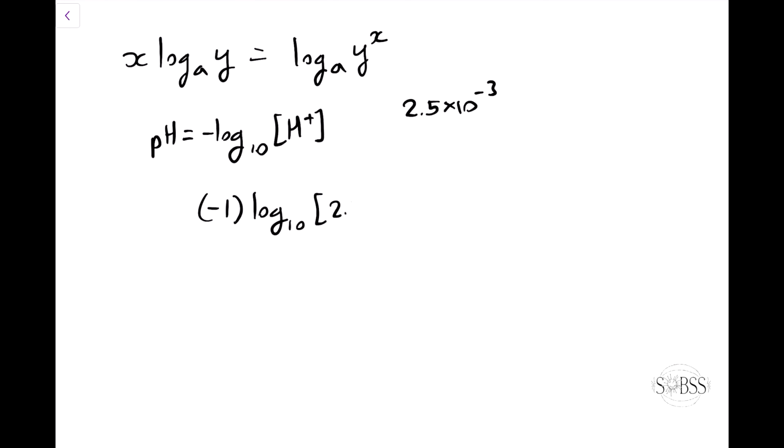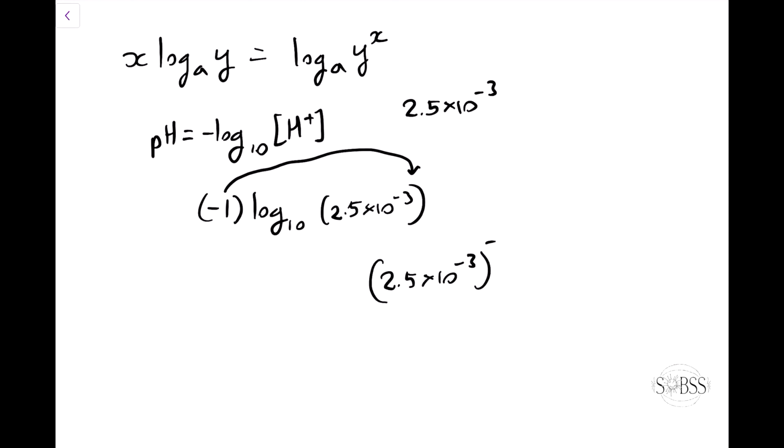It's saying -1 times log to the base 10 of this thing here, in brackets. So basically what we're going to do is bring this -1 and raise the inside of the log by the -1. And doing so, 2.5 is basically saying 2.5 raised to -1, times 10 to the -3, raised to -1.